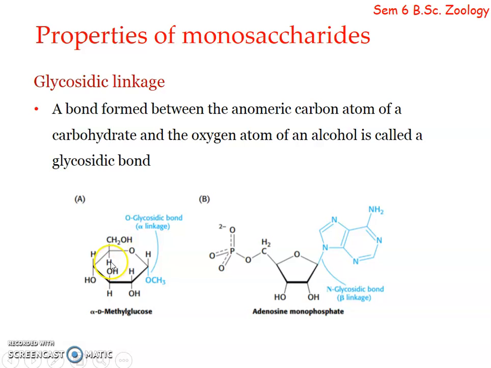Always we start numbering like this: 1, 2, 3, 4, 5, and 6. With the third carbon, the hydroxyl is on the upper side of the plane, so it is a D-glucose. Here it should be H and OH below, that is alpha D-glucose. What happened to alpha D-glucose over here?